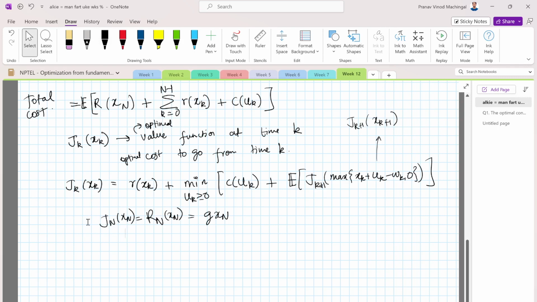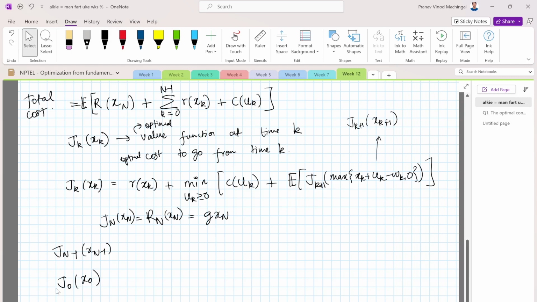and then from JN you can compute JN-1 for different xN-1 values, and you can keep backtracking till you find J0 of x0.